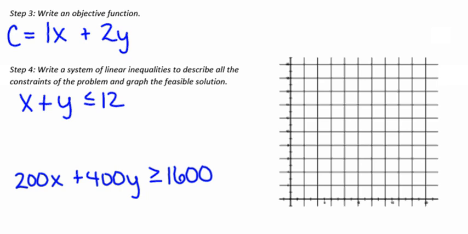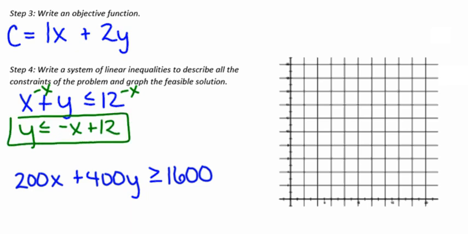Now we just need to switch these inequalities around so we can have it into y equals mx plus b form to graph. Y is less than or equal to negative x plus 12. Be our green graph.